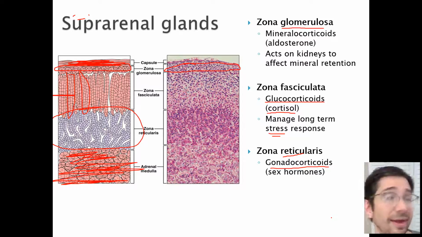Great news, if you are a genetic male or a genetic female, you have androgens and estrogen in your body. Because even if you don't have any testes, as long as you've got adrenal glands, you're making a bit of testosterone. And for males, even without ovaries, there is this estrogen production happening. So that's thanks to these adrenal glands.